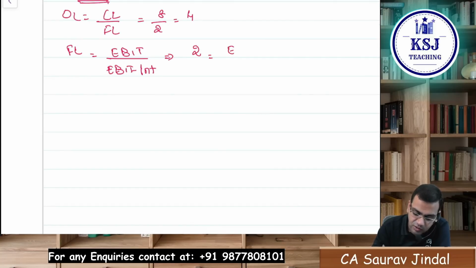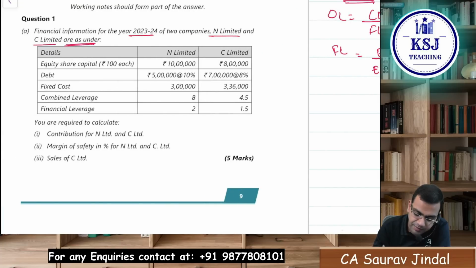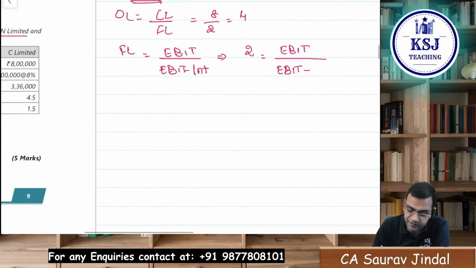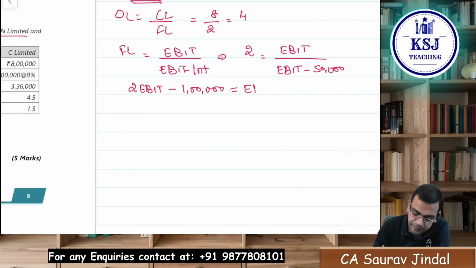EBIT we need to calculate, divided by EBIT minus interest. Interest is there, 10% on 5 lakh rupees, 50,000 is your interest. From here, we can calculate this EBIT: 2 EBIT minus 1 lakh rupees is equal to EBIT, right? Take the EBIT here, 2 EBIT minus EBIT will be how much? 1 lakh.